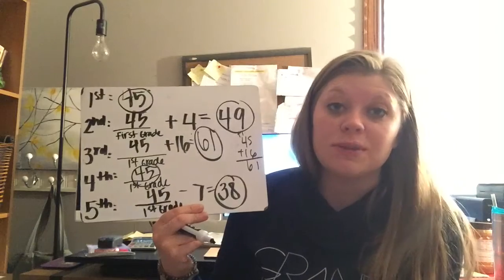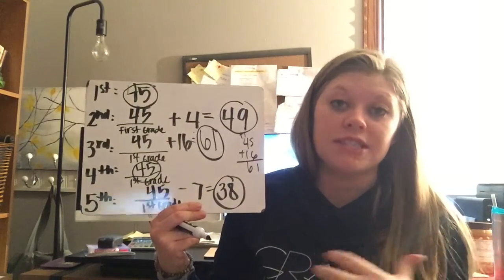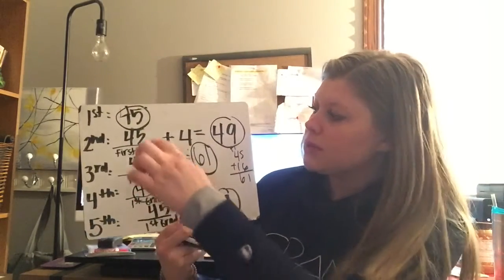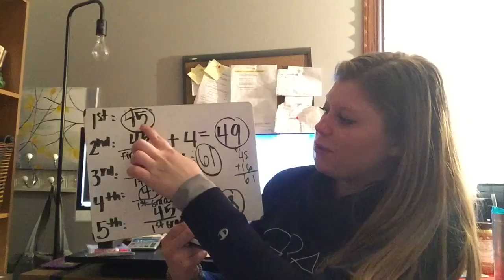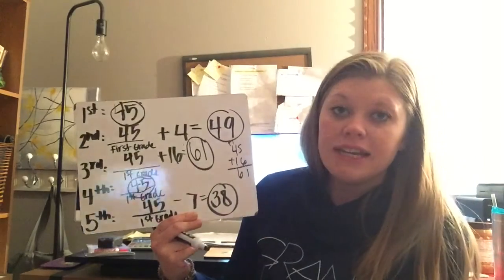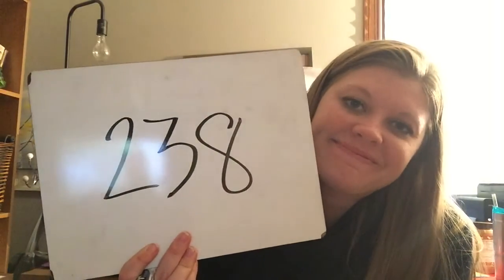No, we do not. That's what we're looking for. Do we have to get equal groups? No, we do not. We just need the total of these. Therefore, this is going to be an addition problem. So I'm going to take 45, 49, 61, 45, and 38 and add those together. And if you added those all together, you should have gotten a total of 238 students total.